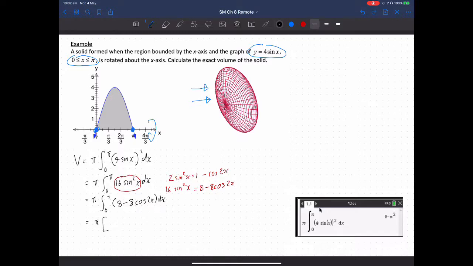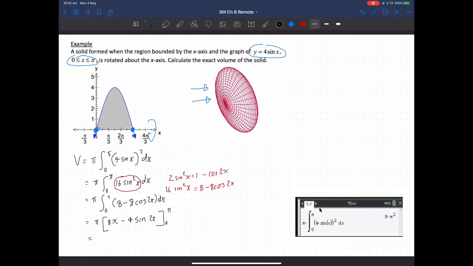The antiderivative of 8 is 8x. The antiderivative of 8 cos 2x is 4 sine 2x. So we're going to have minus 4 sine 2x between 0 and pi.